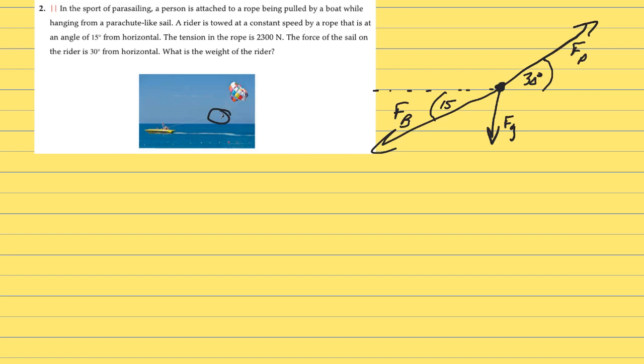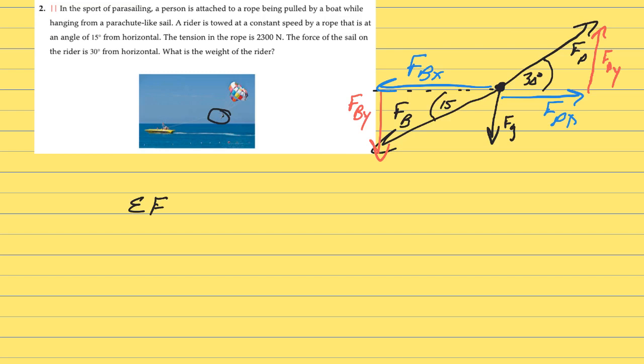So really what we have to do is we need to see that there is the force of the parachute in the y direction, and there is the force of the boat in the y direction, and then there's also the force of the boat in the x direction, and of course we have force of the parachute in the x direction. The force gravity is already in the y direction, so let's start summing up our forces.